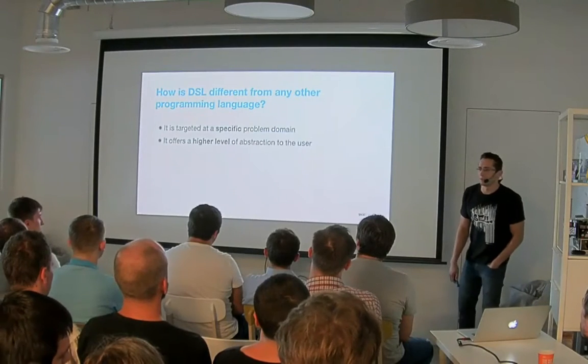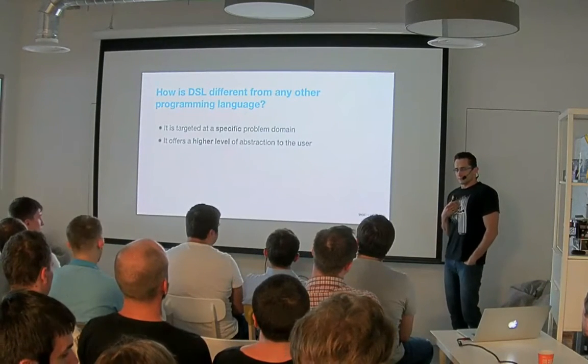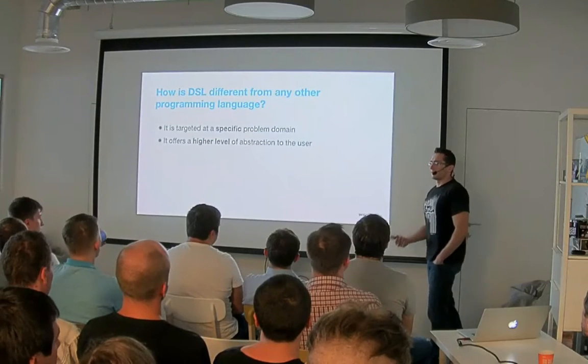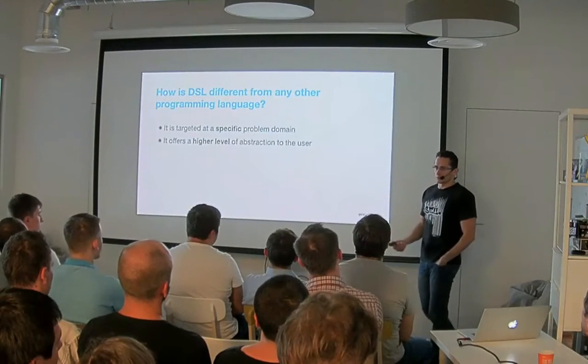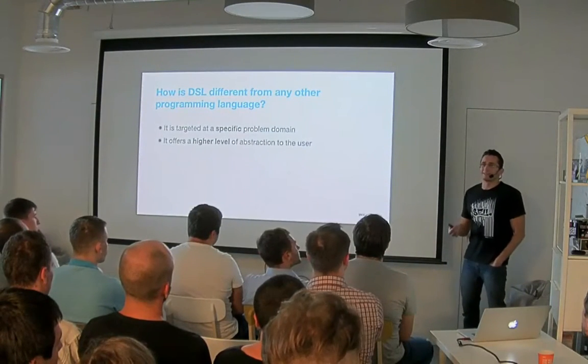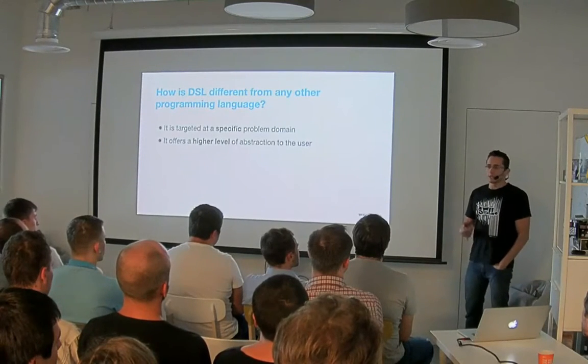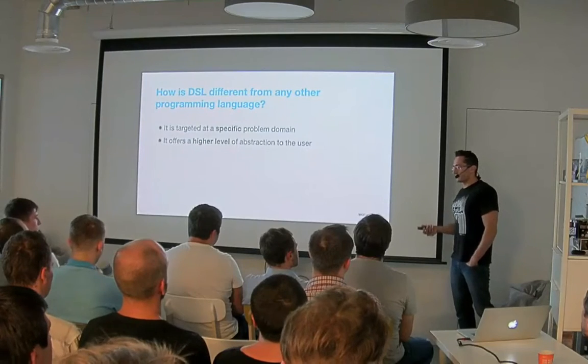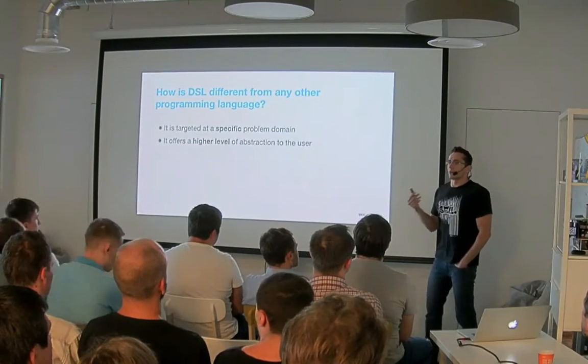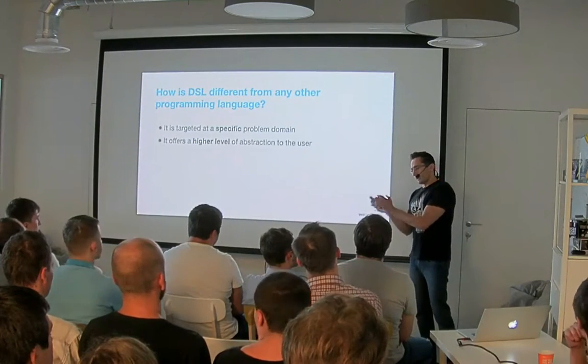What does it mean? When I'm using a DSL, I don't care about the underlying implementation of the code. I don't care about data structures. I don't care about memory usage. All I want to do is express my current solution to a problem in a specific small domain.